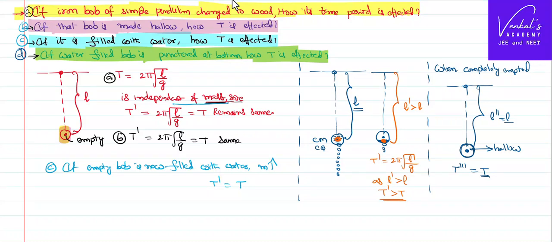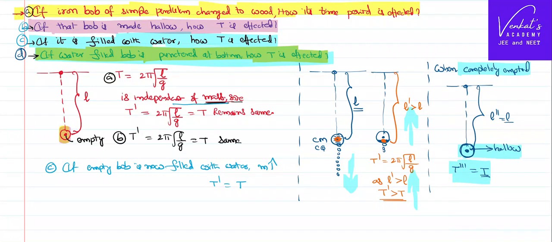So the fourth case is a little bit tricky. You have to be careful in understanding how it is getting affected. When the bulb is punctured, initially as the water leaks out, its length increases, so the time period also increases. But once it is empty, the center of gravity shifts back to the center, so the time period also comes back to its original value.